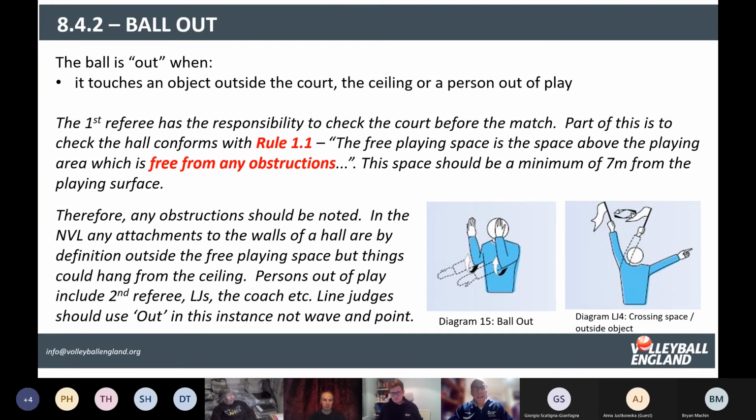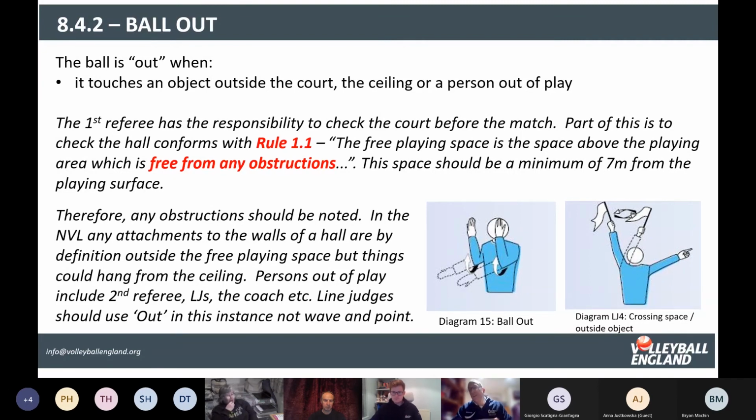You need to look at what's hanging from the ceiling, what's overhanging your free playing area, and what could cause you a problem during the match if you haven't dealt with it beforehand in discussions with the operator of the hall or the captains or the coaches. So you should note any obstructions that might come into play, odd cables hanging from ceilings and things.